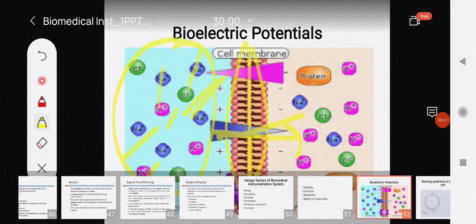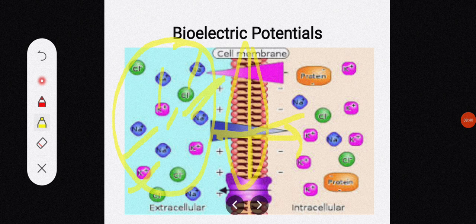Now, since the various ions seek a balance in terms of concentration and electric charge, and because of the inability of sodium ions to penetrate inside the cell, a concentration difference will occur. And because there are a larger number of sodium ions outside the cell, and sodium ions are positive, there is a lot of positive charge outside the cell.